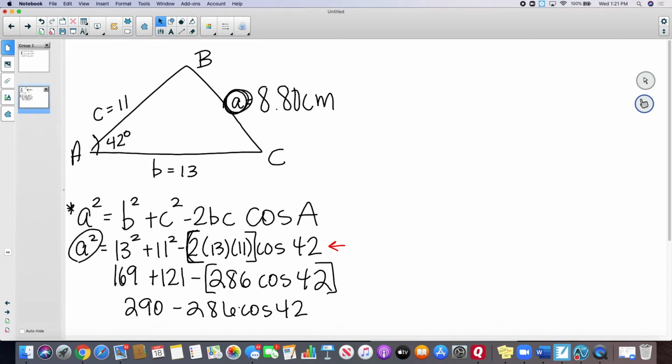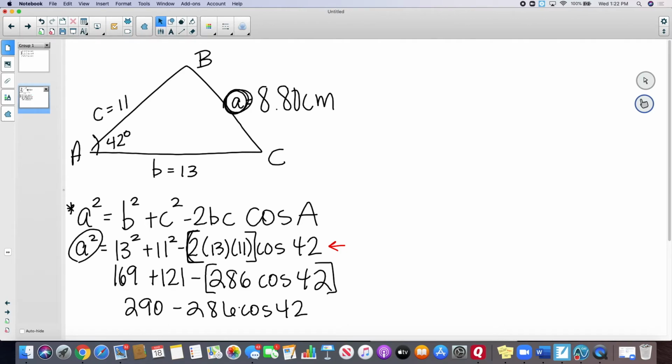Now, if you are Googling any videos or if you are still using a tutor, in law of sines they have what are called ambiguous cases, meaning you could work the problem differently and get two different answers. I am not giving you any ambiguous cases. So if you hear that or read that or your tutor asks you about an ambiguous case, we are not doing ambiguous cases. You will do that when you get to trig with Miss Van Uden. So we're going to switch to law of sines.